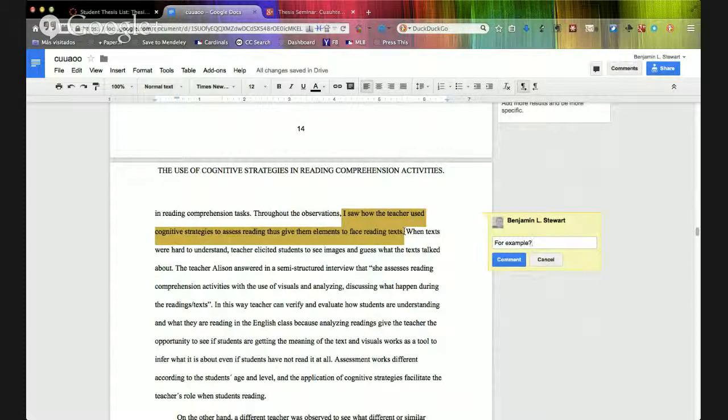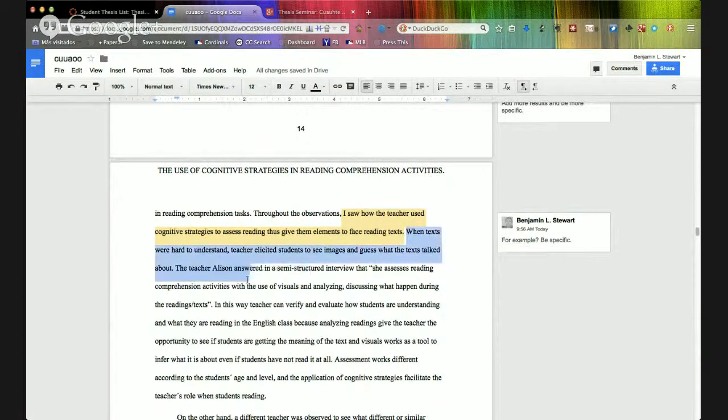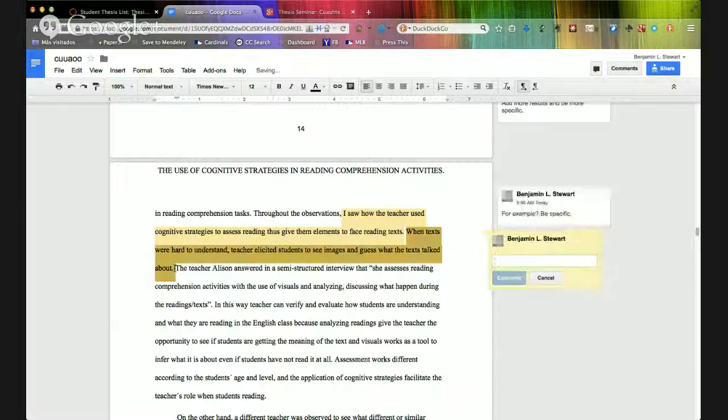For example, be specific. You just talk about all of those strategies, but just bring in an interesting example. You say, "Wow, that was interesting," or something was interesting that you want to present there. When texts were hard to understand, teachers elicited students to see images. You write a direct quote, like what did the teacher say?